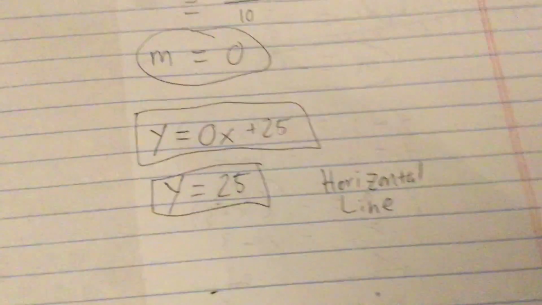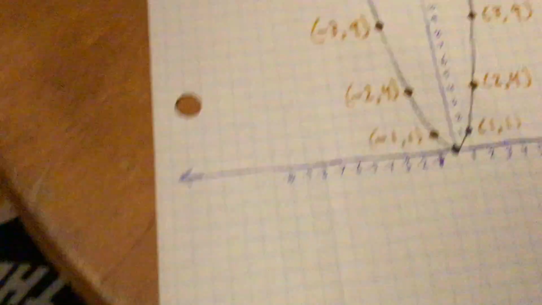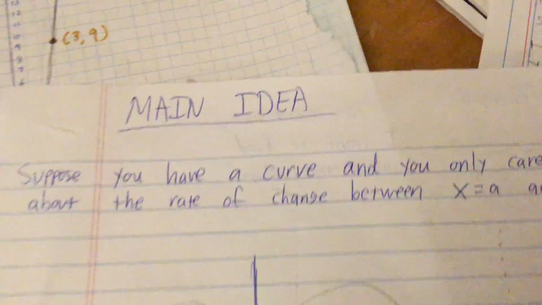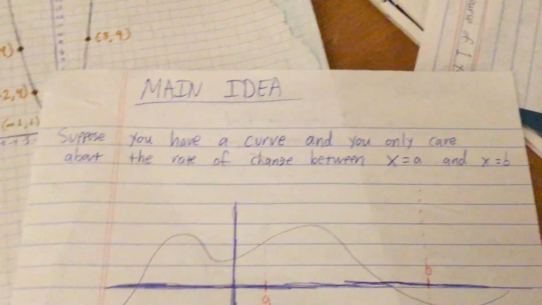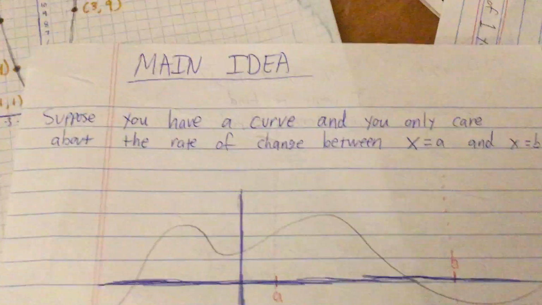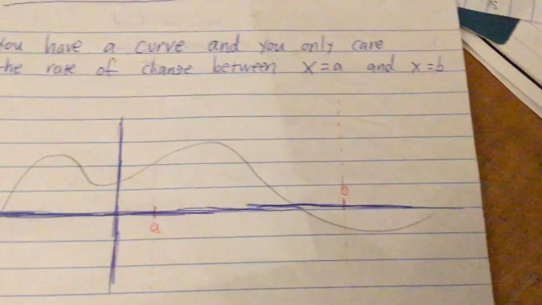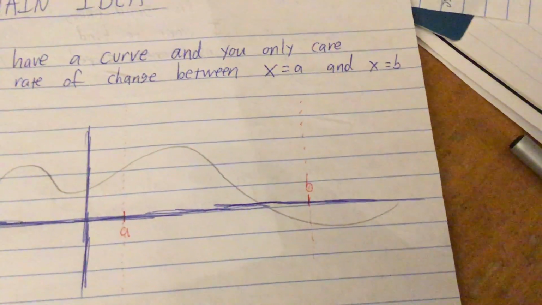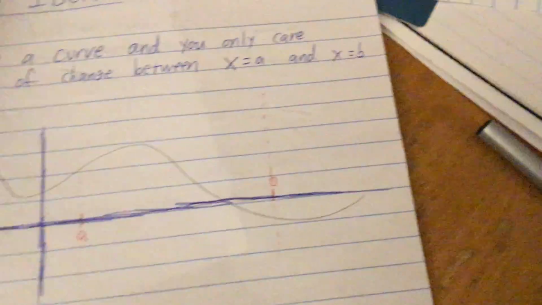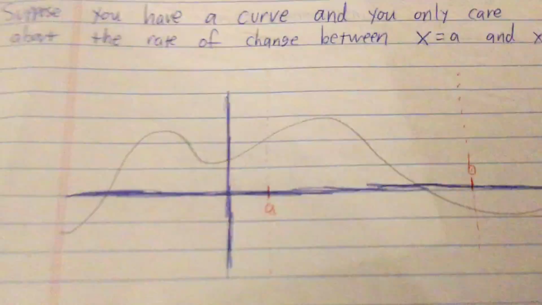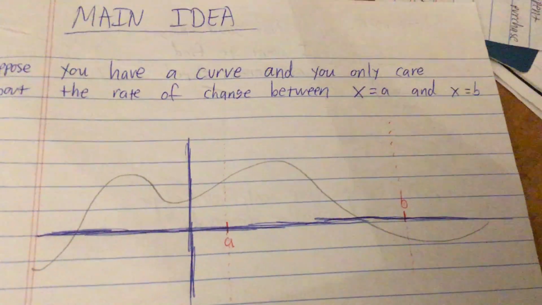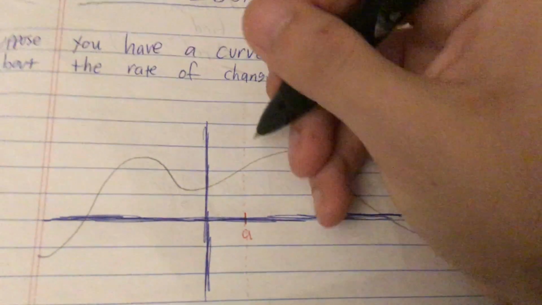Okay? So, without further ado, here's the main idea of what we've been doing. So suppose you have a curve, and you only care about the rate of change between x equals a and x equals b. So you calculate the endpoint over here. Let me get the blue.